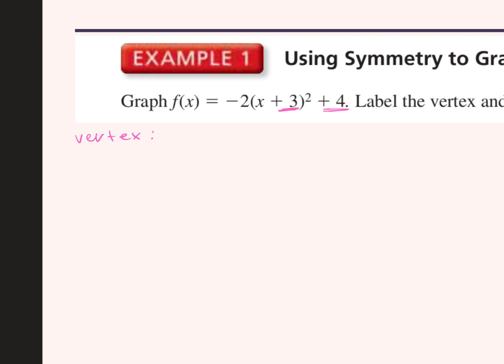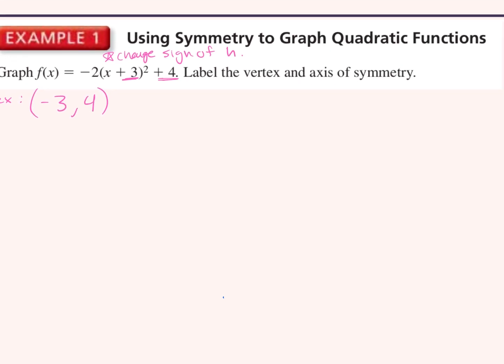But we always have to change the sign of h. Perfect. Negative 3, 4 would be our vertex. So let's go ahead and graph that. I'm going to draw my graph over here. I'm going to go to the left 3, and up 4.